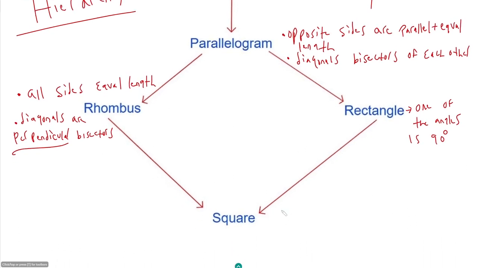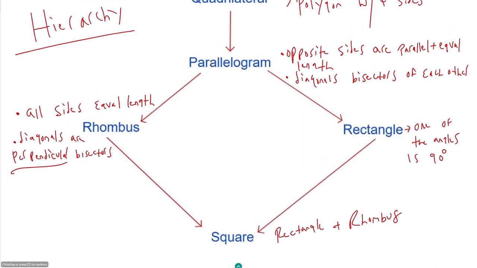And so this is really just a rectangle plus a rhombus. A square is a rectangle, a square is a rhombus, but a rhombus is not necessarily a rectangle, and a rectangle is not necessarily a rhombus, which is why they are not connected on the flowchart.